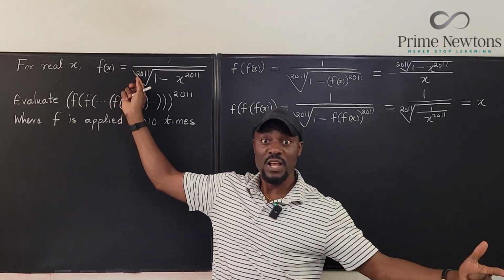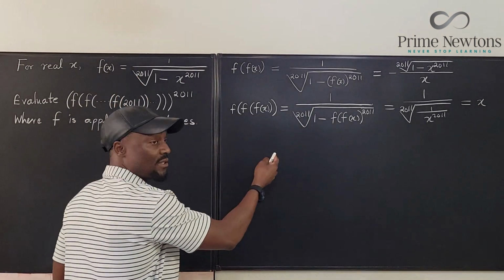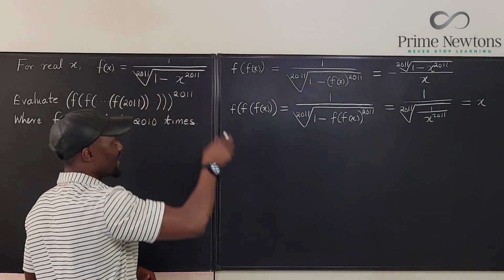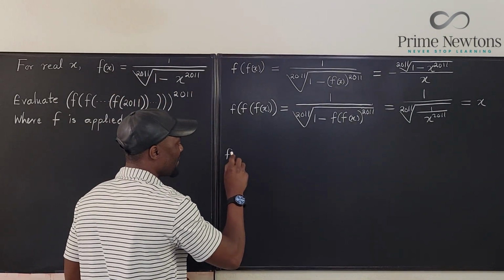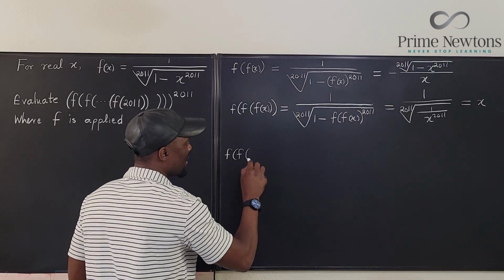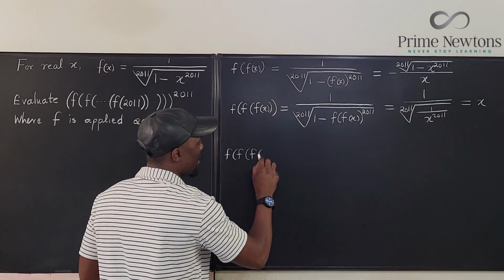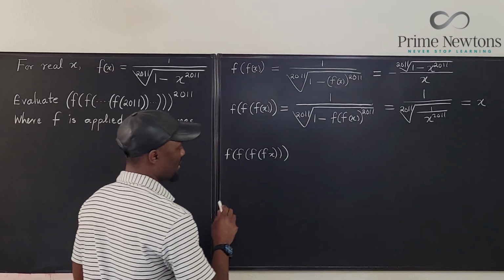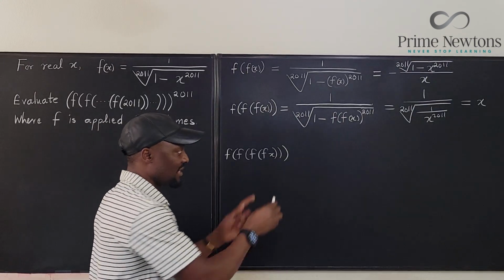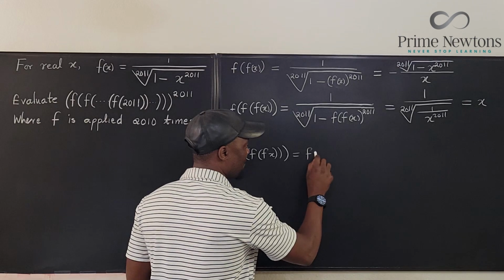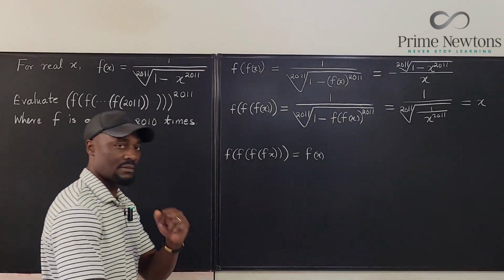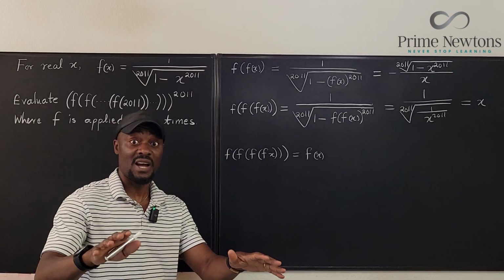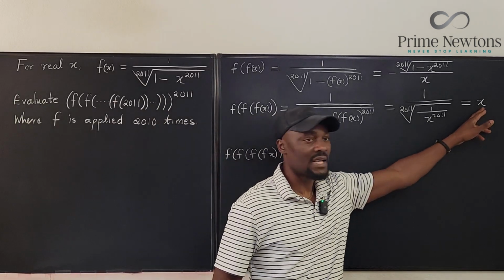You do it again. So by the time you do the 4th application of f, you're going to go back to f of x. So f of f of f of f of x is the same thing as f of x. But if you do it just 3 times, you're going to get x.